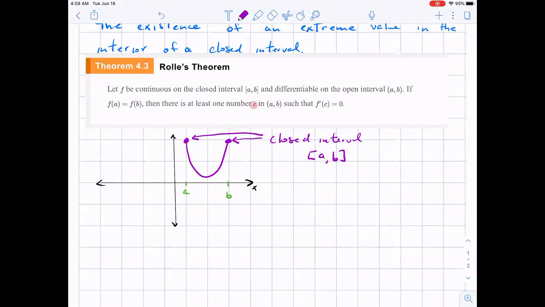This is the function f. f is continuous: if I trace the function with my pen, my pen does not lift up at all.